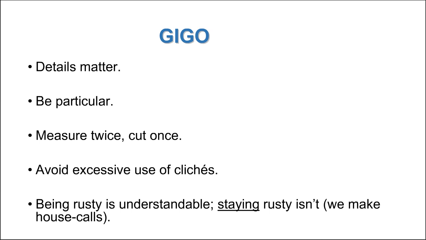You need to be a little bit persnickety, a little particular on how we go through this whole process, because what may not seem to be important to you can be a major stumbling block to someone else down the line, and those details do matter, so be particular. It's the whole concept behind measure twice and cut once, and we really ought to try to avoid excessive use of cliches.